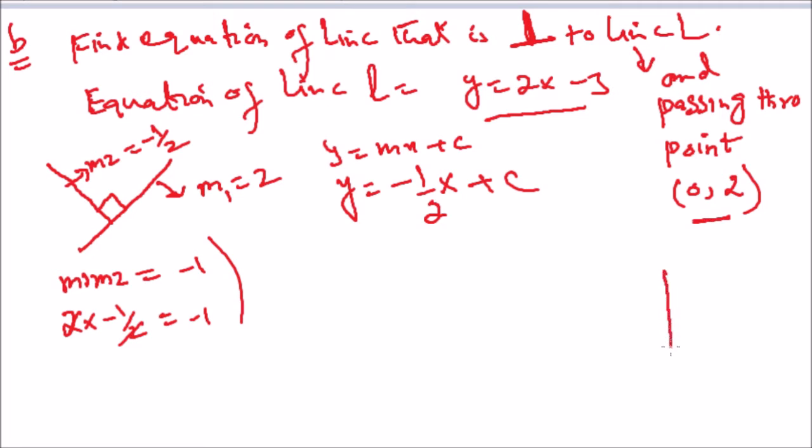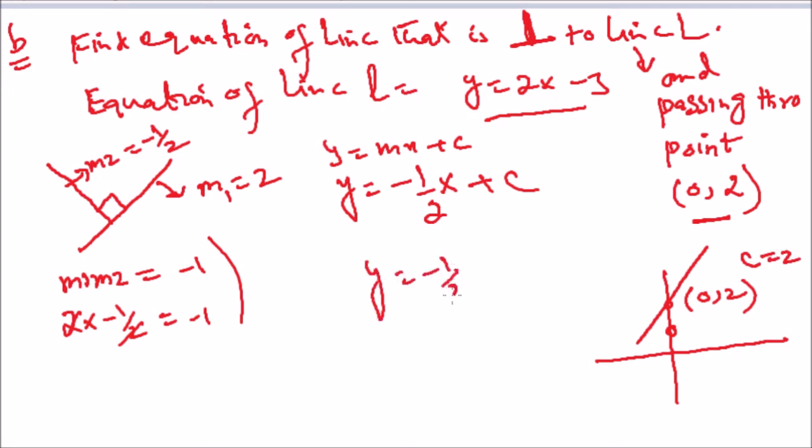Since the line is passing through (0, 2), c is 2 here. So put this value here: y is equal to -1 over 2 x plus 2.